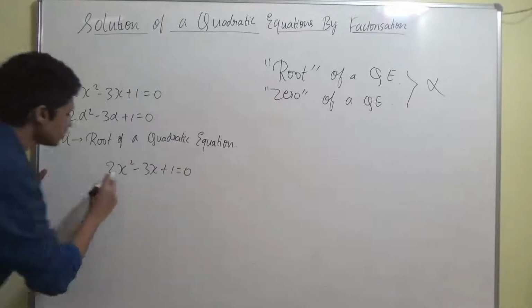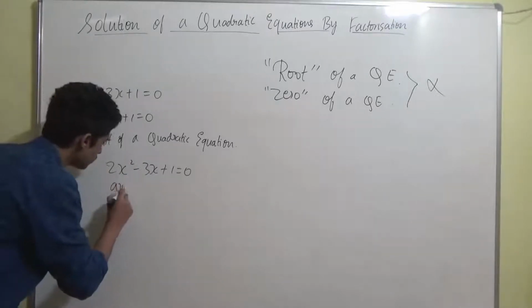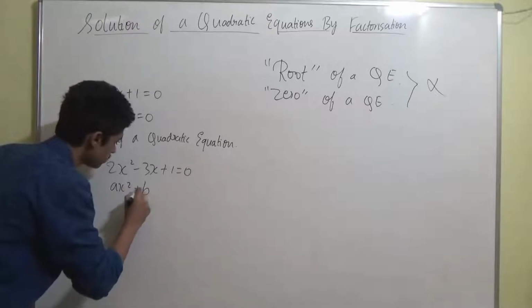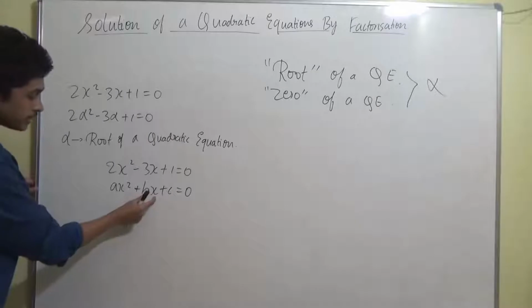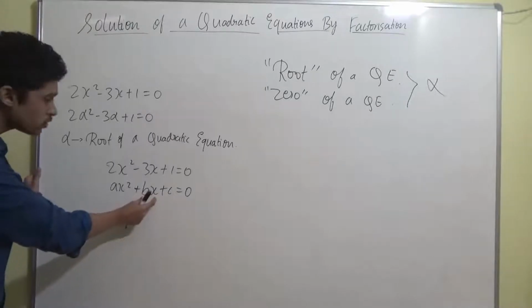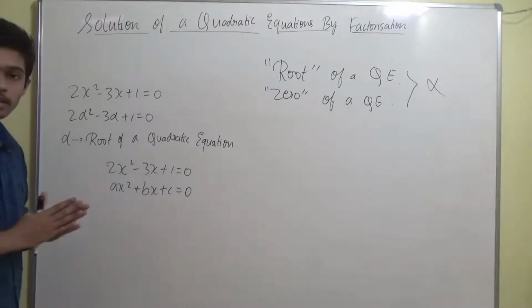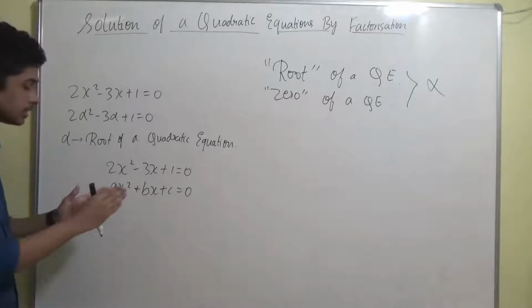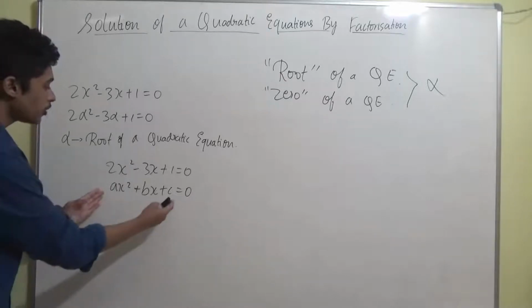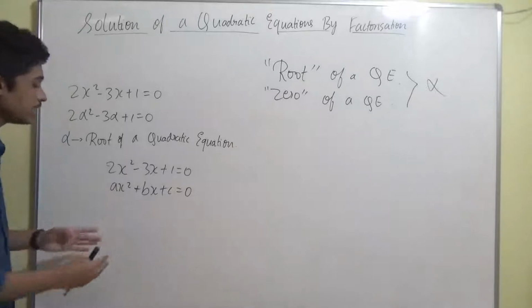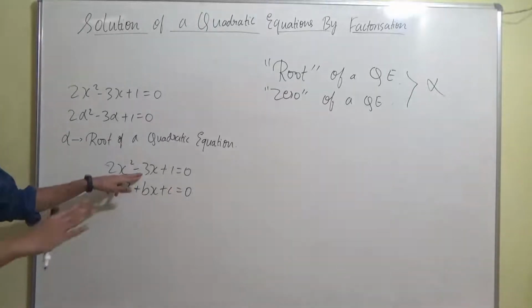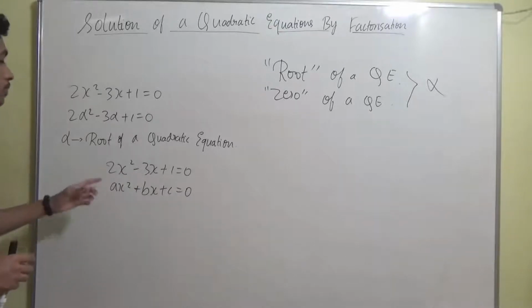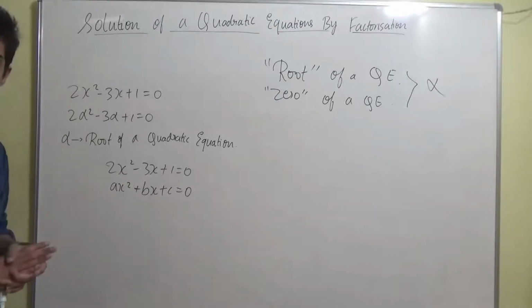So if you compare this with the general quadratic equation ax square plus bx plus c equal to 0, you should split the middle term in such a way that the product of the split terms is equal to the product of a and c, and the sum of the split terms gives you the same middle term as before. In such a way you have to split first, and then you have to factorize it.